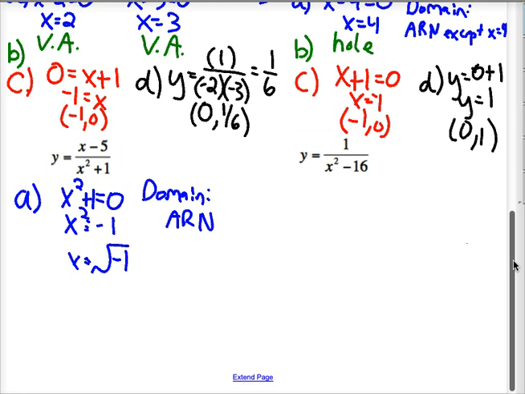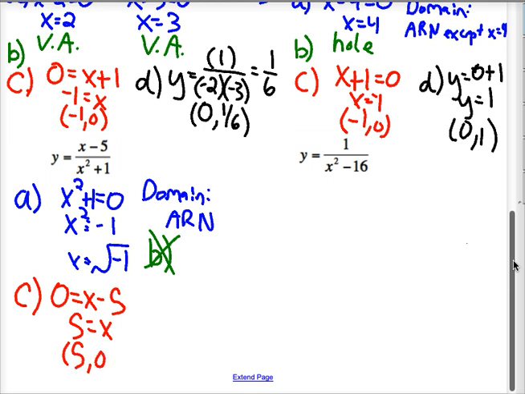Well, if there's no point of discontinuity, that means our part B is kind of null and void. Because if there aren't any points of discontinuity, we can't label what type of discontinuity they are. So we don't even have to do B because there are no points to label. So we just get to jump to C, finding the x-intercept. And again, finding the x-intercept is taking the numerator and setting it equal to 0.